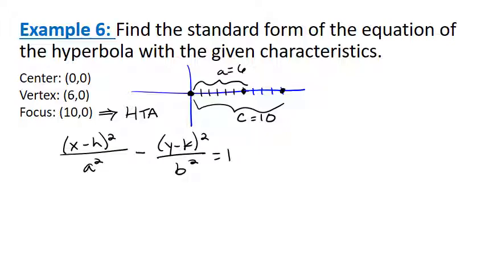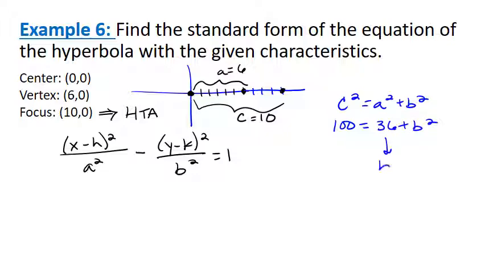So I'm going to plug in what I know. Now the problem is I don't know b from this information, but I can find b by using the equation of my foci. I know there's a plus here. c is 10, so I have 100 is equal to 36 plus b squared.